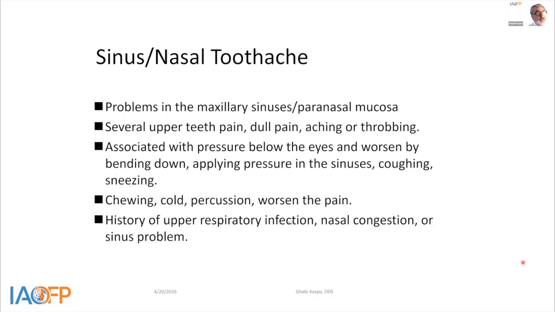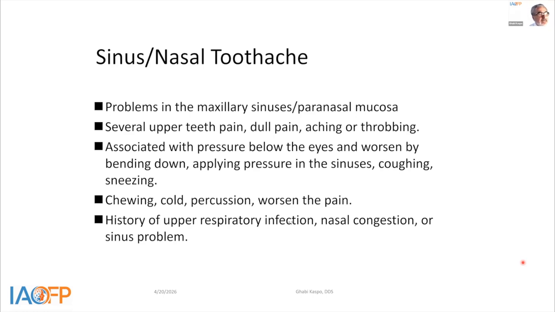So if you have a patient with teeth pain, you have to ask the patient if they have any problems in the maxilla: several teeth with dull pain, aching and throbbing, and sometimes associated with pressure. You have to palpate, apply some pressure in the sinus or zygomatic arch area.